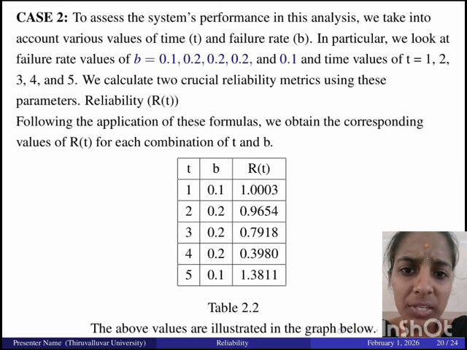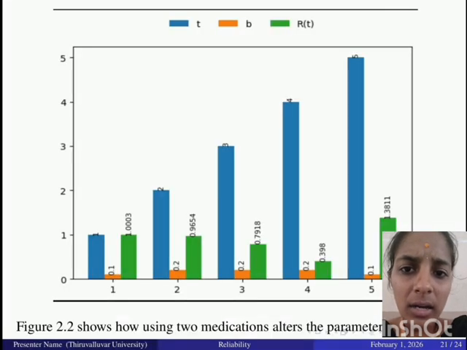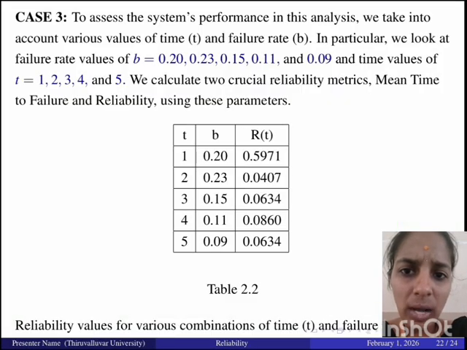Following the application of these formulas, we obtain the corresponding values of R of t for each combination of t and b. T is 1, 2, 3, 4 and 5 and b is 0.1, 0.2, 0.2, 0.2 and 0.1. We get the value of R of t. This is the graph for case 2.